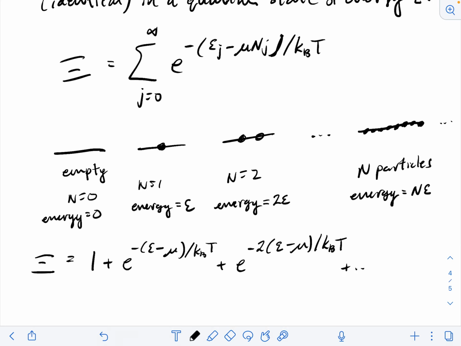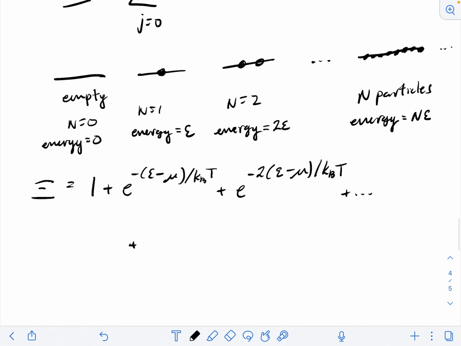And then it keeps going, and we get to n particles, and then we could have n plus 1 particles, n plus 2 particles, all the way up to infinity.